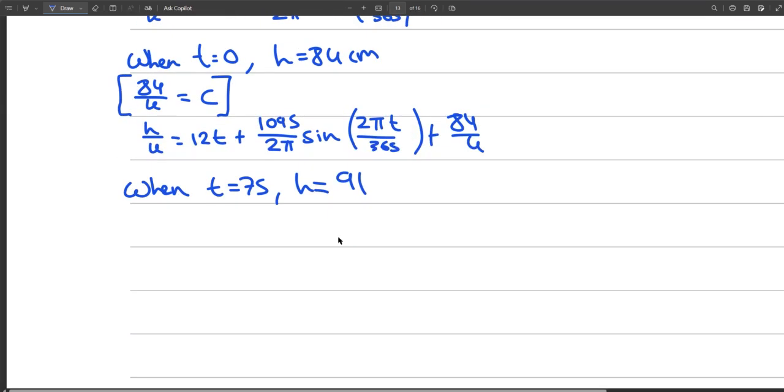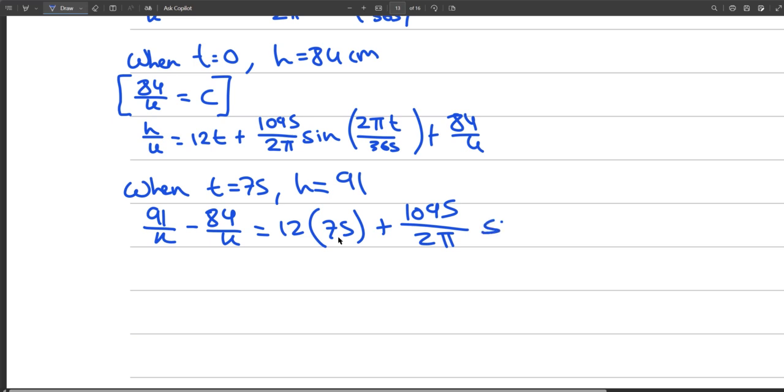Yep. Alright, now let's substitute the numbers in again, because this time we've got h and we've got t, so we can find the growth constant for the plant. So let's go ahead and find the growth constant. I will get 91 on k, and I'll take this 84 on k to the other side: minus 84 on k is equal to 12 times 75 plus 1095 on 2 pi sine of 2 pi on 365 times 75.